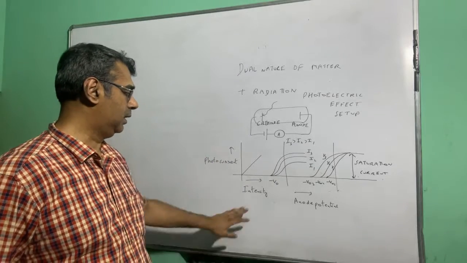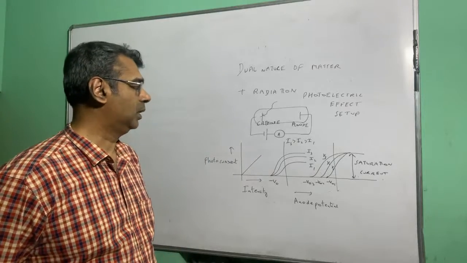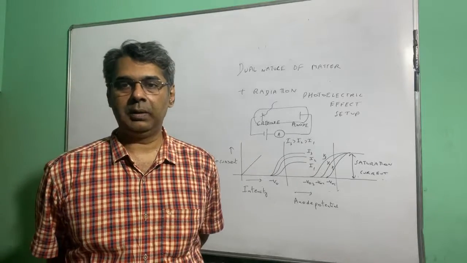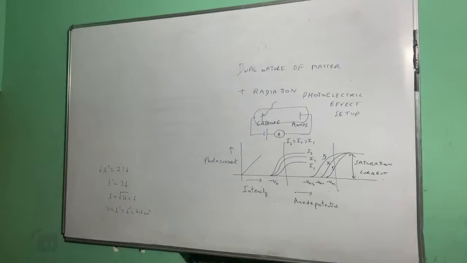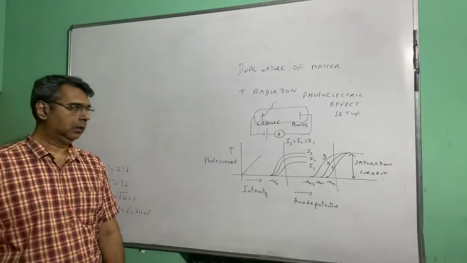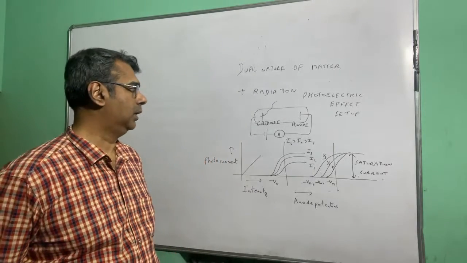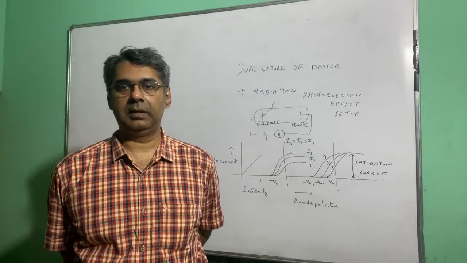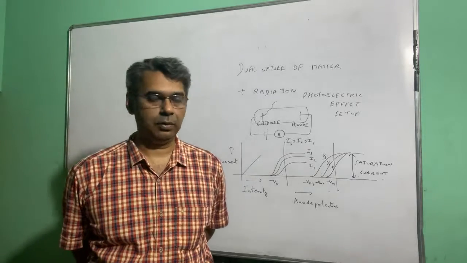So the first thing is the intensity of the light, which in common parlance we call brightness. If you have bright light, it will have many photons. If you have dim light, it will have a lesser number of photons.